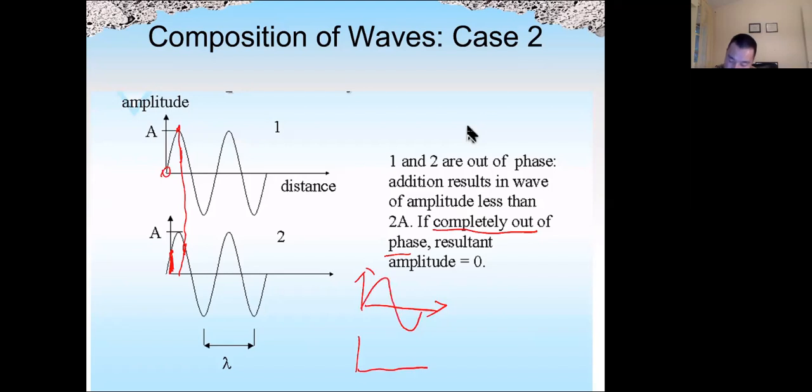So this is V1, this is V2. For example, when V1 is 0, V2 is at its crest. And then, no, sorry, it should be somewhere here. So at some point, V1 and V2 can offset each other, so the amplitude somewhere could become 0. We call that completely out of phase.